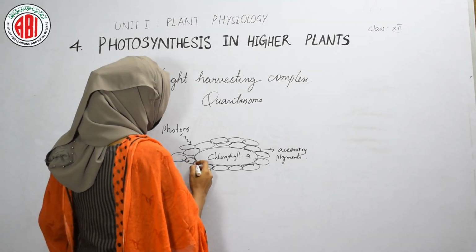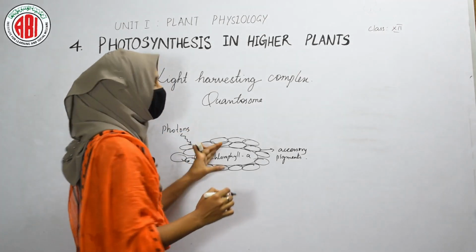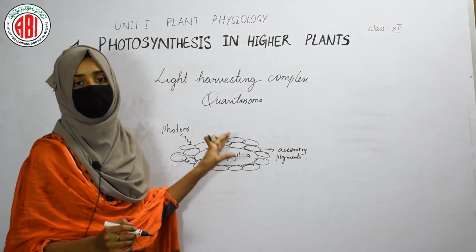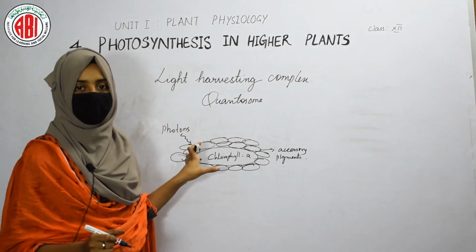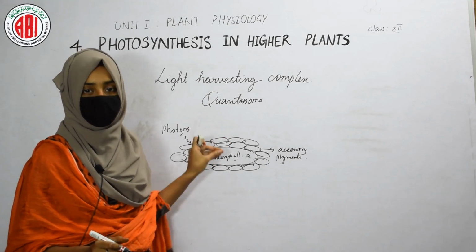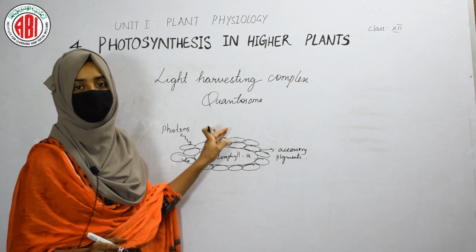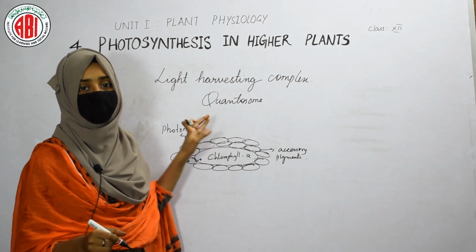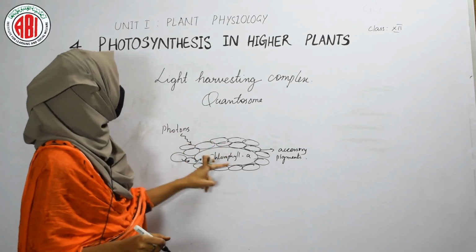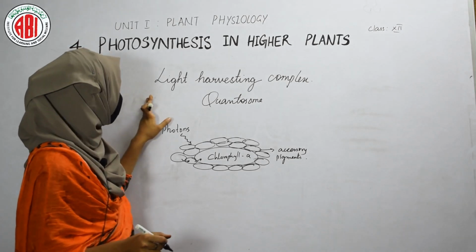Then from the other pigments, it reaches the main reaction center, that is the chlorophyll A pigment. So, ultimately all the photons absorbed by the accessory pigments reach the main reaction center, that is chlorophyll A. So, this is about the light harvesting complex.